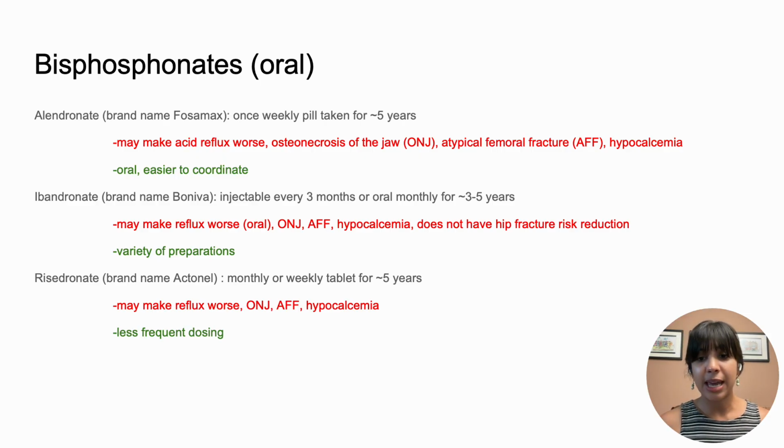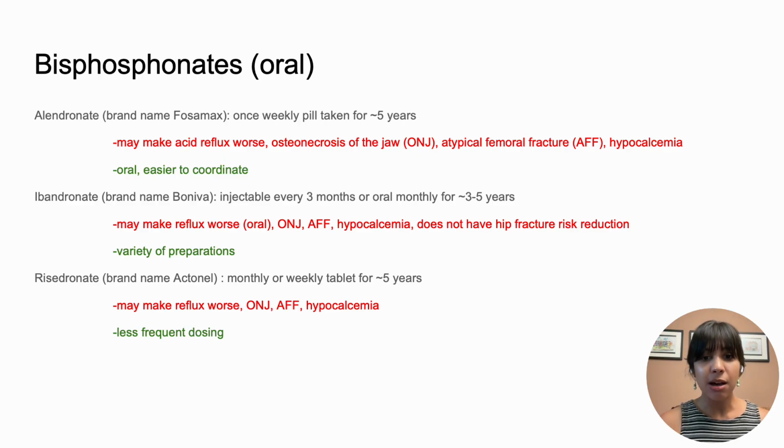Hypocalcemia, as with all of these drugs, and it doesn't have as good of a hip fracture risk reduction or non-vertebral fracture risk reduction. So it's not my favorite go-to for patients because it doesn't have as much of that benefit. One of the pros with this, it has a variety of preparations. So if a patient wants an oral drug versus an injectable drug, there's a little bit of flexibility with the type of preparation you can use with Boniva.